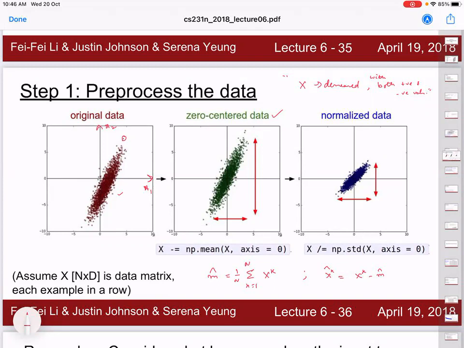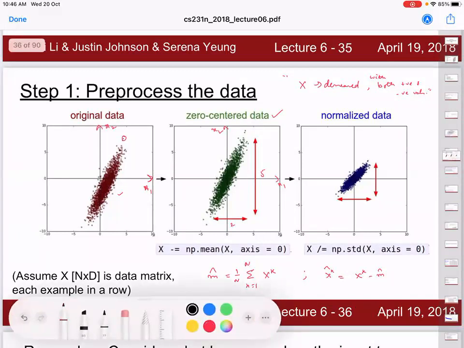The next thing: in the x1 direction the spread is less, maybe 2 units, while the spread in the x2 direction may be 5 units. The spreads in x1 and x2 directions are not the same.